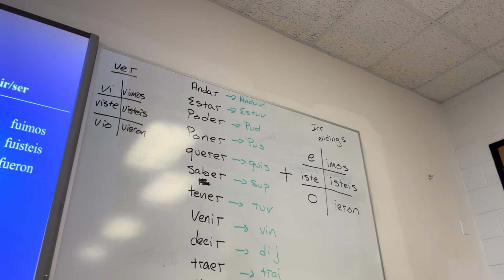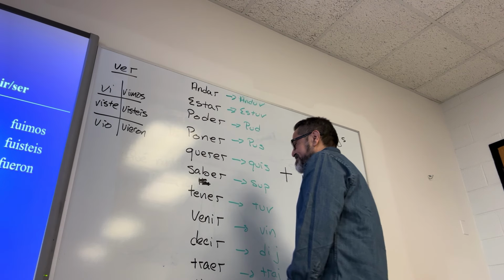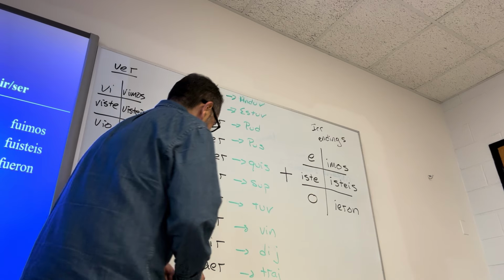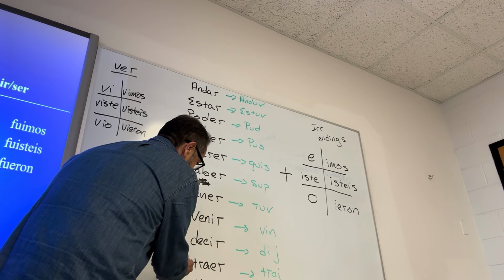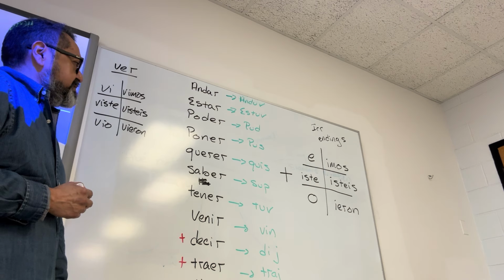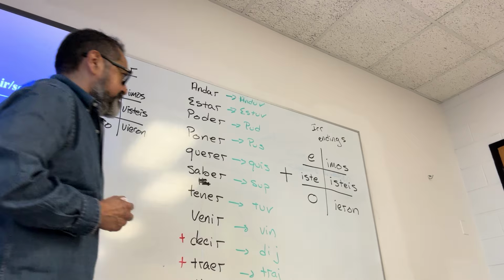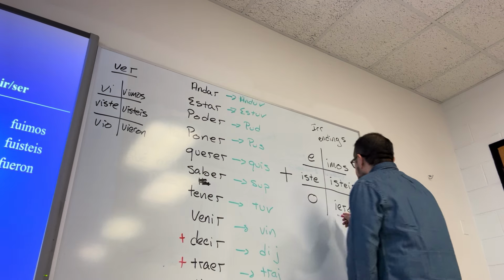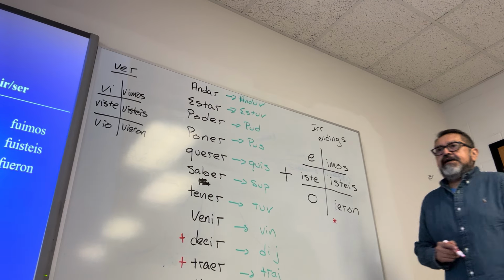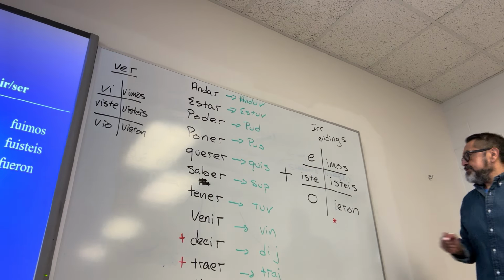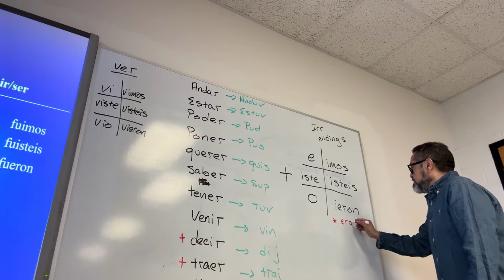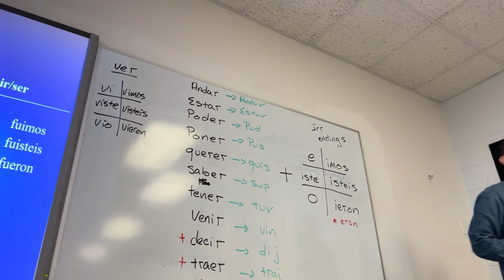All right? Now, there's some strangeness. I know. All right? First off, these two. Decir, which means to say or to tell, and traer, which means to bring. Okay? When you use it in this form, the ellos, ellas, ustedes, you drop the i, both in spelling and pronunciation.